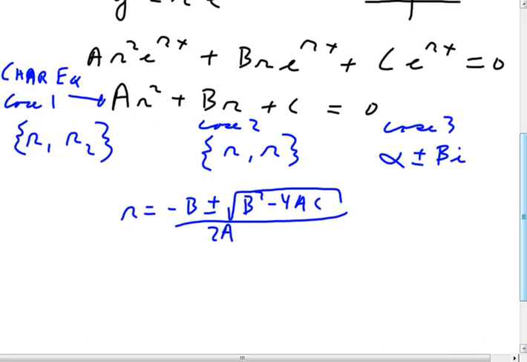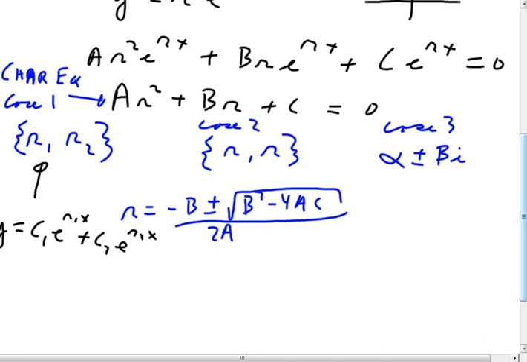And if the roots are distinct, then my answer to the equation becomes C1 e to the R1x plus C2 e to the R2x. And that's the answer to my second order differential equation.